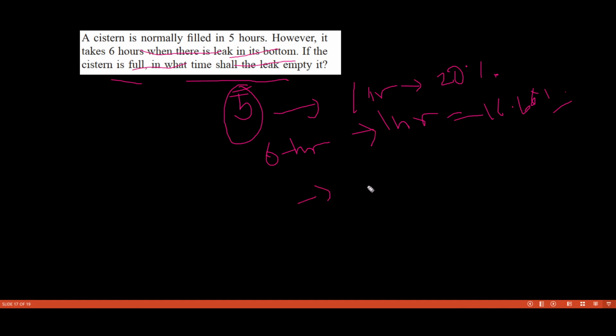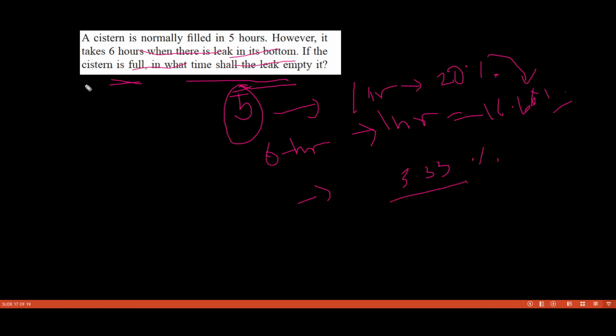And the question is asking, if the cistern is full, in what time shall the leak empty it? Alright, so you know that 3.33% will be leaking. We'll get to know from here.